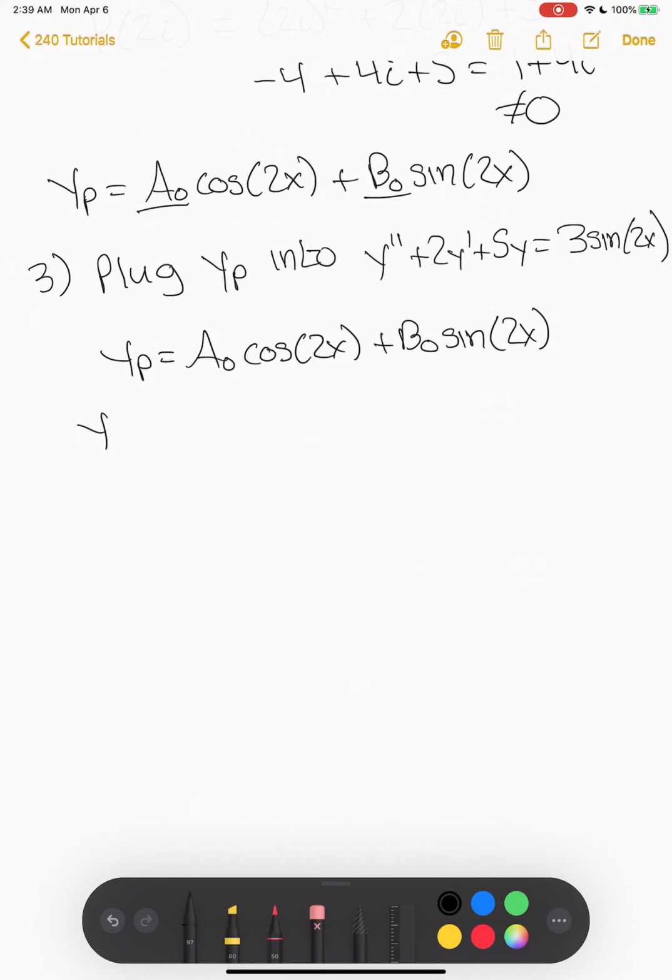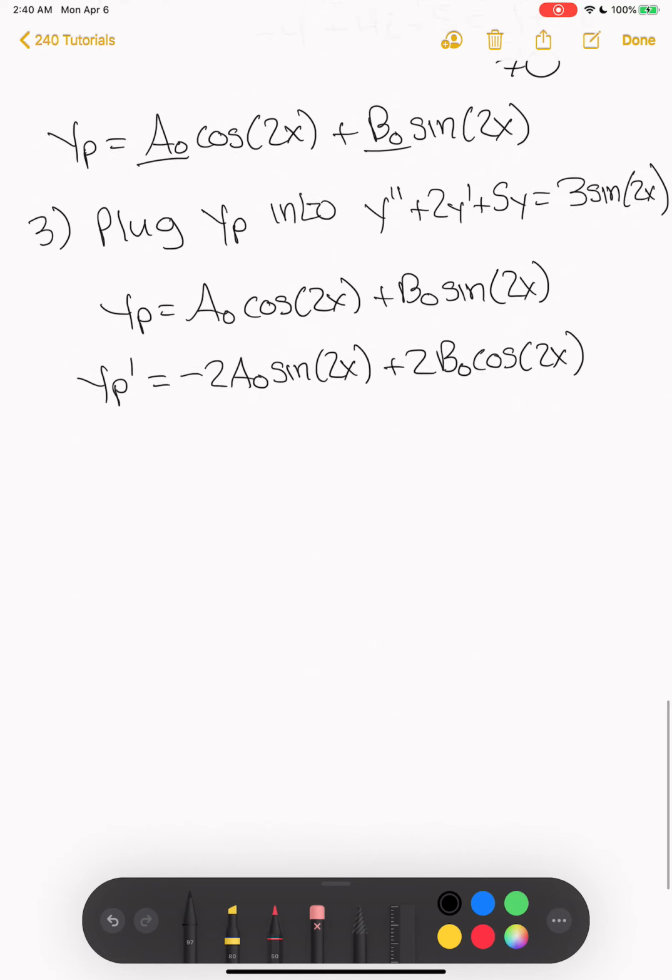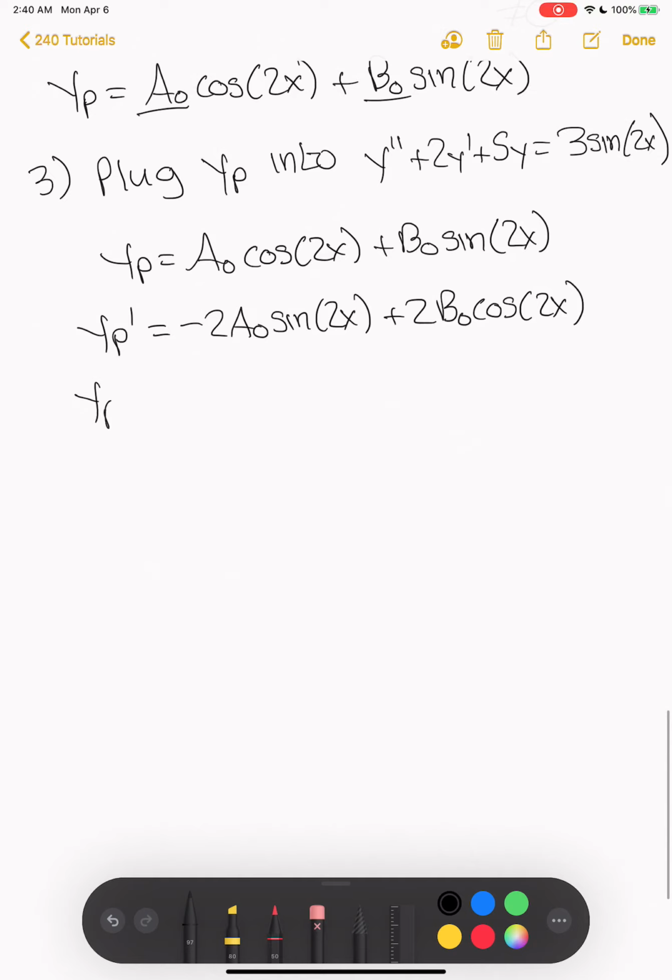If I take the derivative of that, cosine goes to negative sine, and sine goes to positive cosine. So there's y prime. And then for yp double prime, I take just one more derivative, so I get -4 a naught cosine again, back to cosine, and then -4 b naught back to sine.